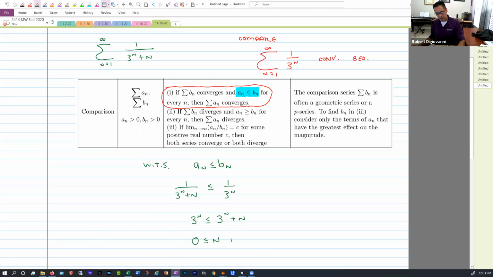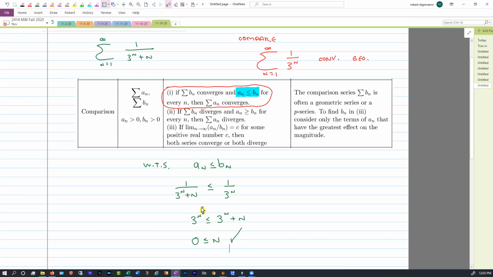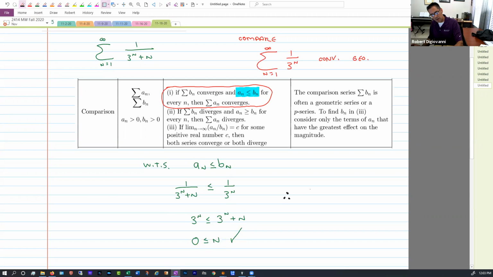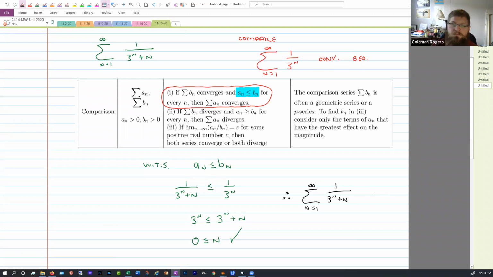And you get that statement, which is true: n is bigger than 0. Any questions on that algebra? No, sir. Okay. Therefore, by the comparison test, the original series does what? Converges.